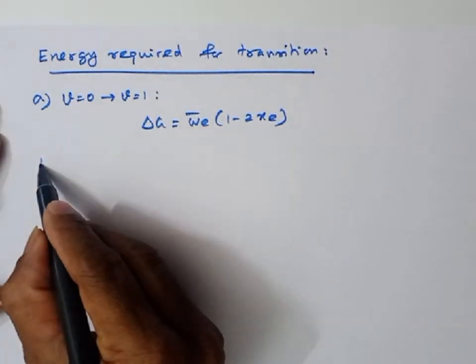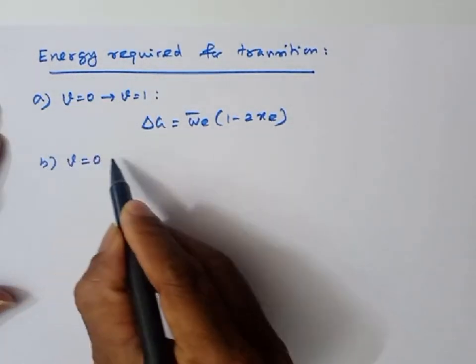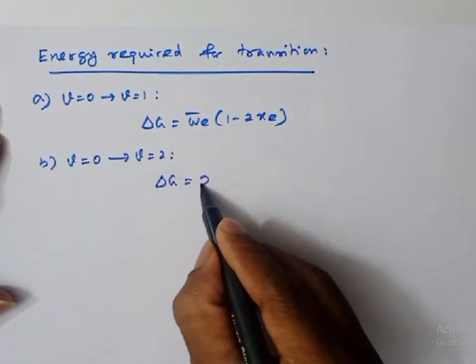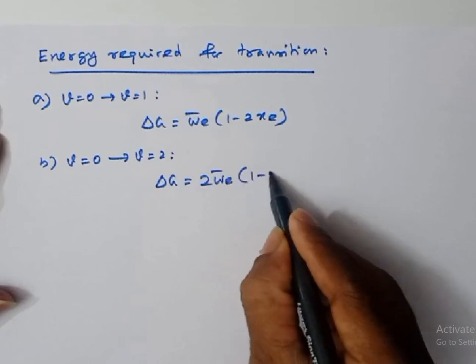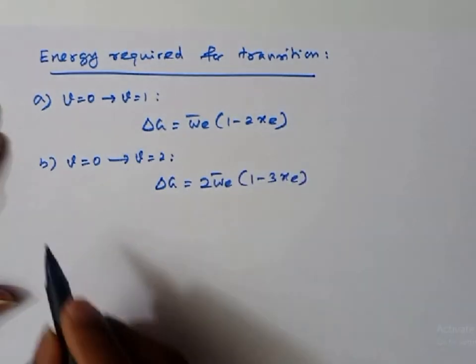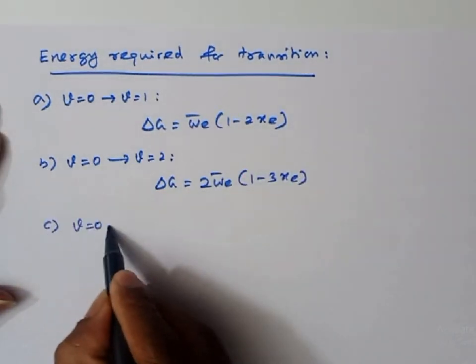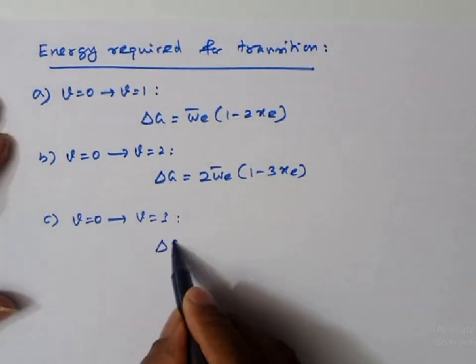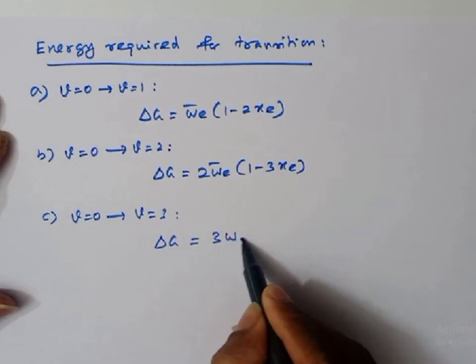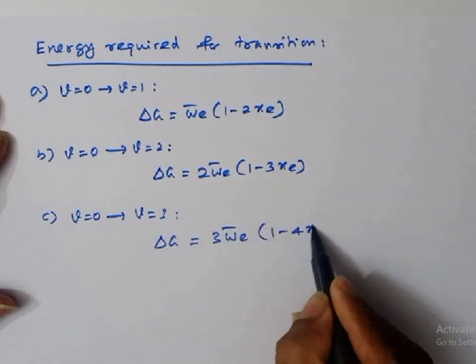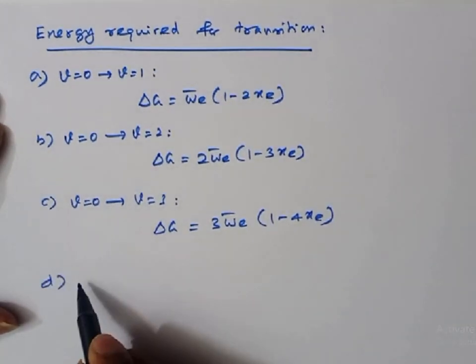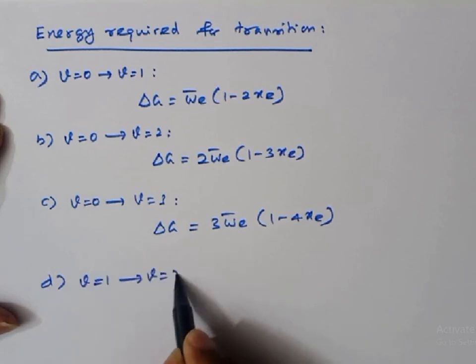Similarly, for the first overtone transition, v equal to 0 to v equal to 2, the energy required is 2 times omega_e bar into (1 minus 3xe). Similarly, v equal to 0 to v equal to 3 is called the second overtone transition. What is the energy required for the second overtone transition? 3 omega_e bar into (1 minus 4xe). Similarly, what is the energy required for the first hot transition, that is v equal to 1 to v equal to 2?